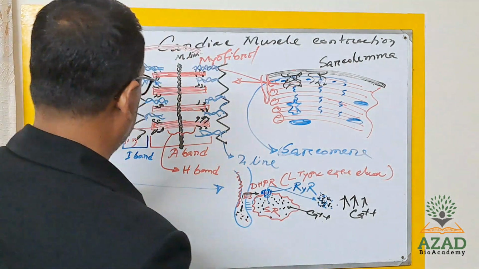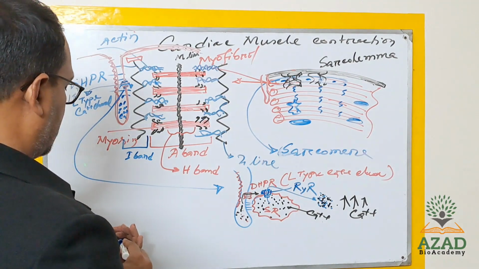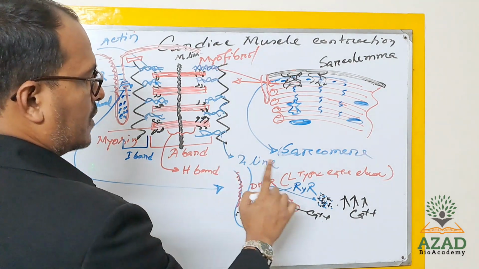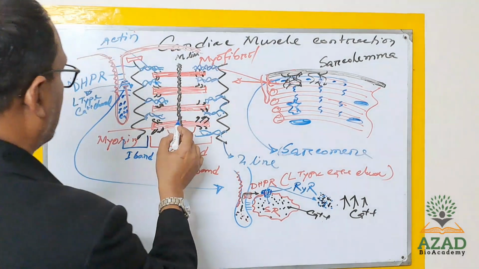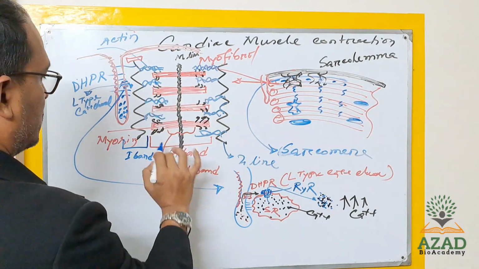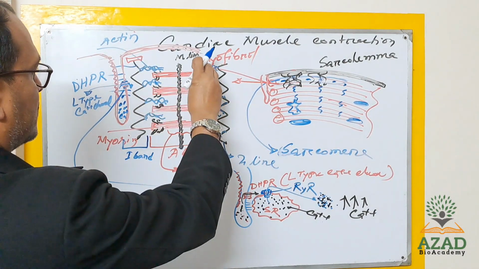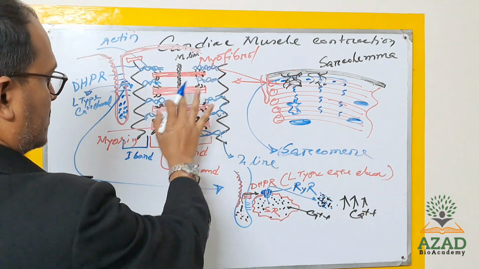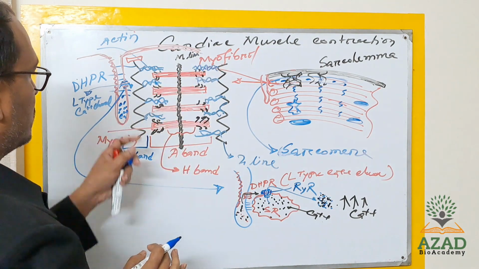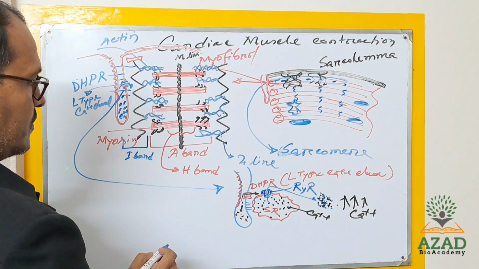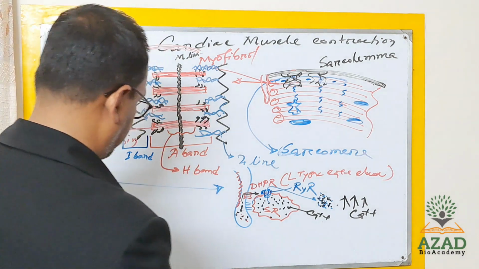I will now explain it in a different category, the actin-myosin matter. Here actin is open almost. I just tried to show it, but now I will show it in a different way.